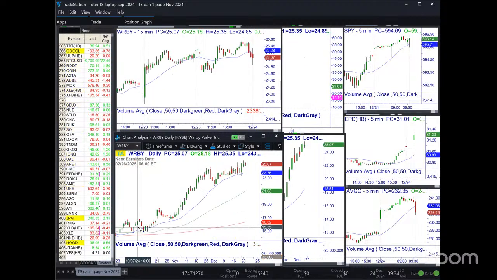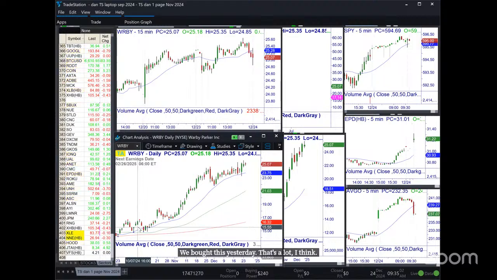We bought this yesterday, half lot, I think. 25.60.